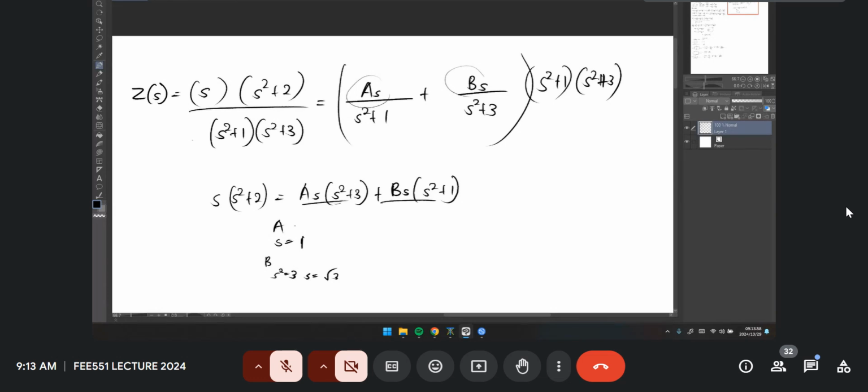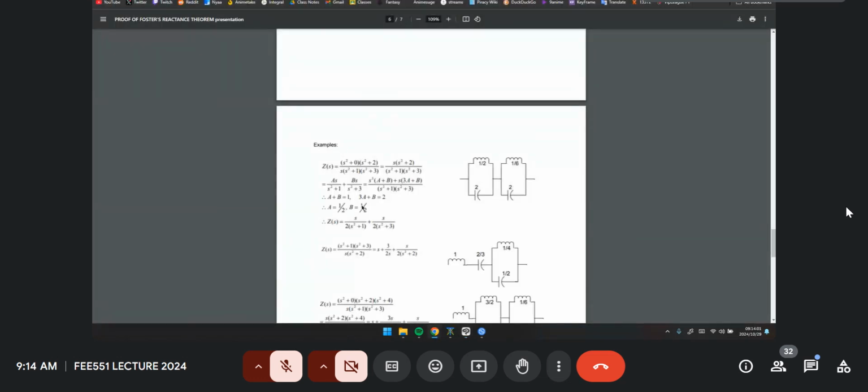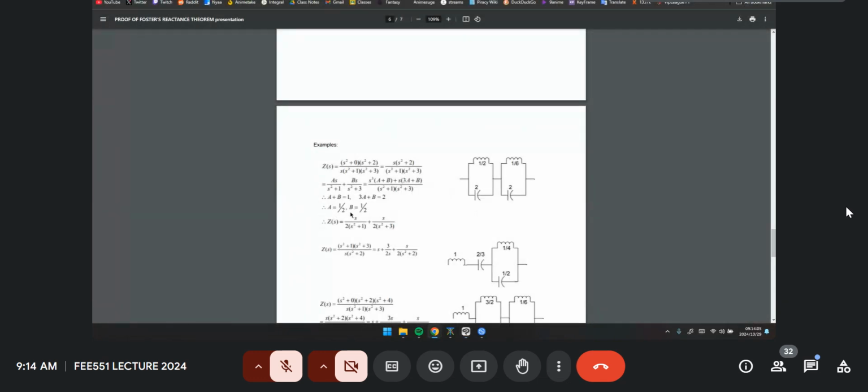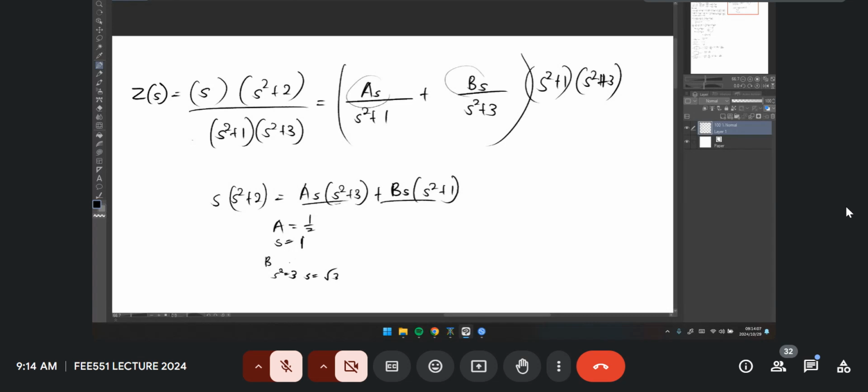Now when we do this, we will find the values of A and B as a half and a half, 1 over 2 and 1 over 2.